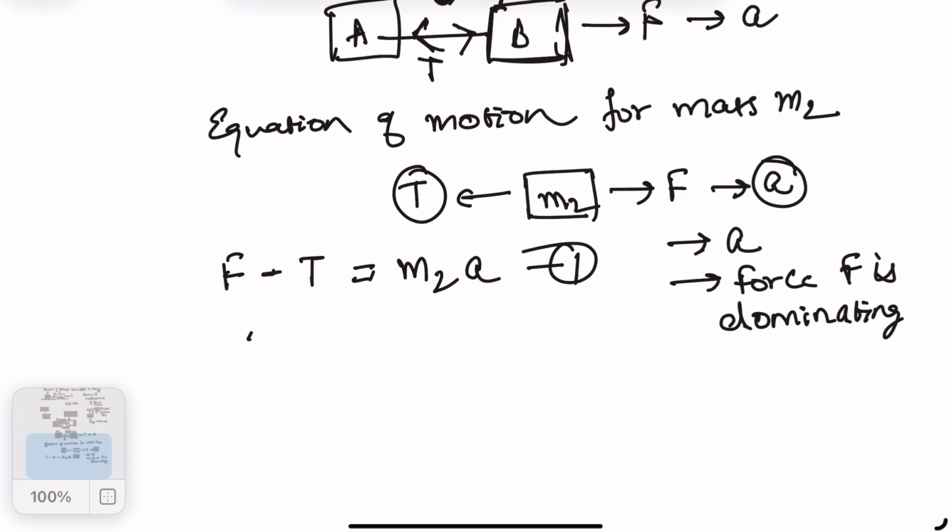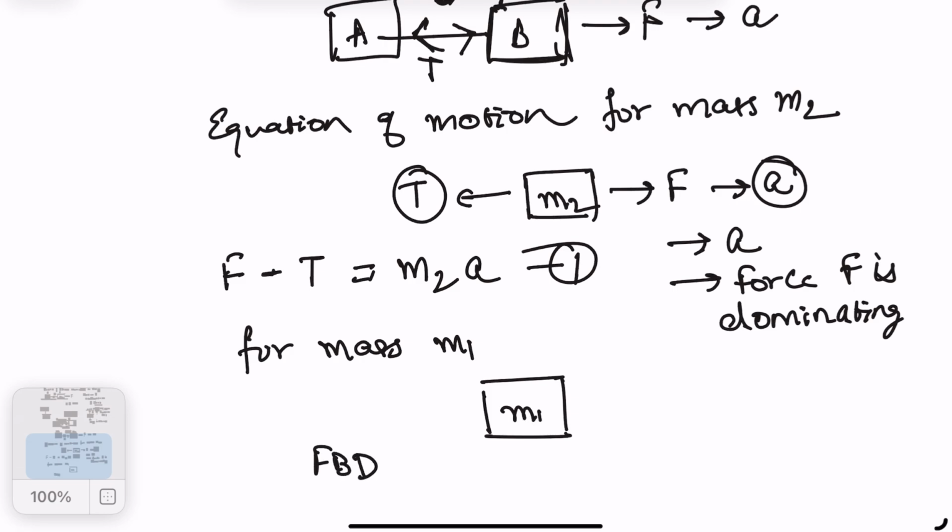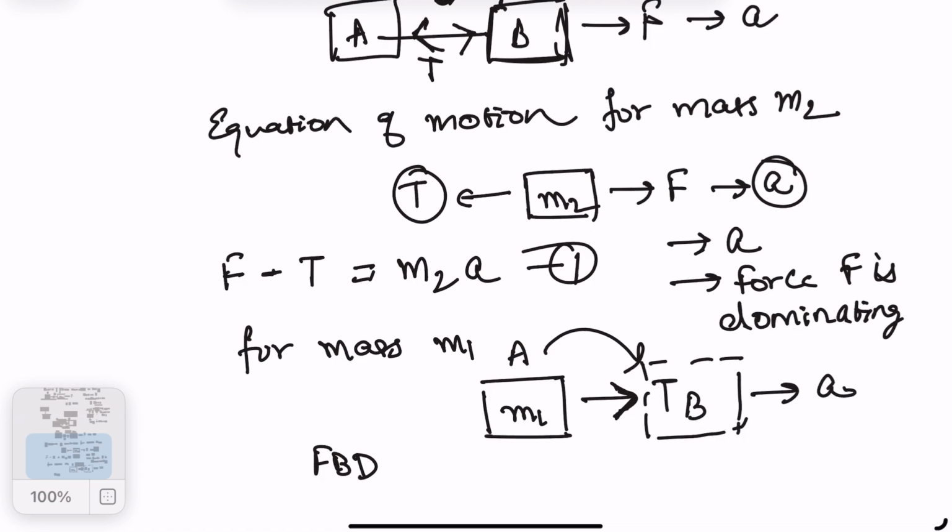Now for mass m1 we will make a free body diagram. This free body diagram looks like this. Only tension T is acting because A is attached to block B, and the tension is acting toward this direction and the block is moving in this direction.